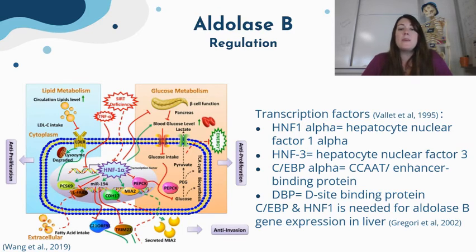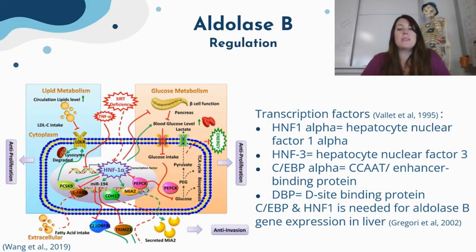The CEBP alpha is the CCAAT enhancer binding protein. The CCAAT sequence is often found in gene promoters. CEBPs are found in hepatocytes, spleen, kidney, brain, and other organs.